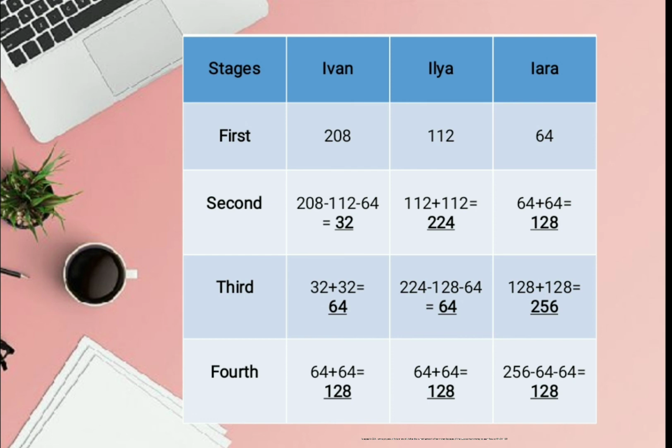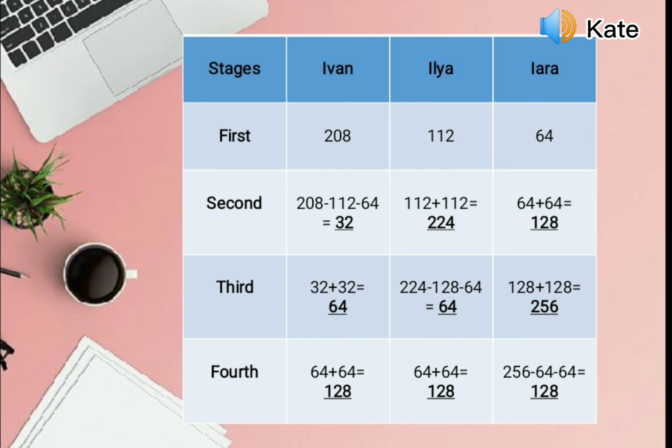So 64 plus 64 equals 128. Then we subtract the money that was given to the two siblings from the previous money he has to get the current money. So 208 minus 112 minus 64 equals 32. Remember, always solve first for the money that was given before subtracting any number, so that you will know what number should be subtracted from.